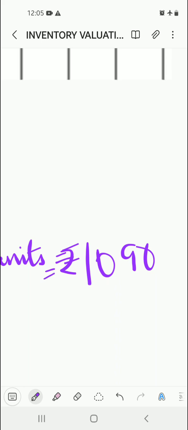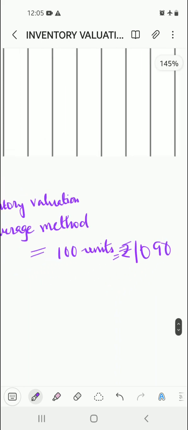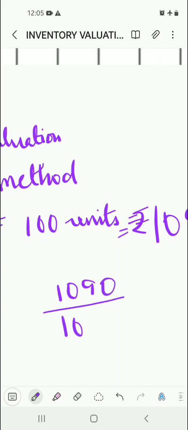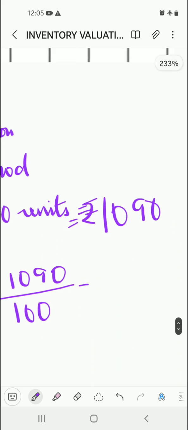This is my amount. If we have to find out the average unit price right now, we are going to simply divide 1090 by 100. If we are asked to find out the unit price of the stock left, closing stock, then 1090 by 100 will be rupees 10.90.